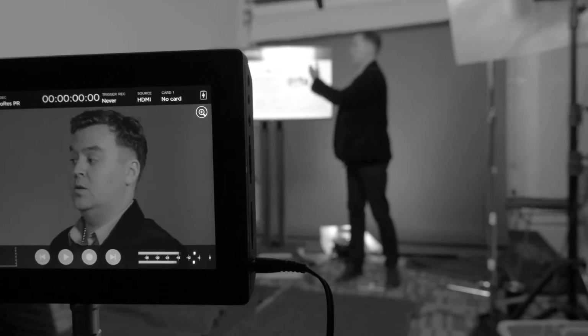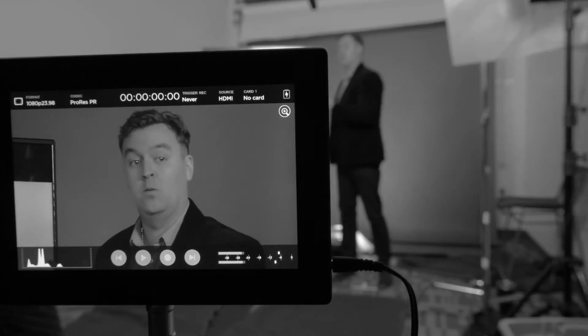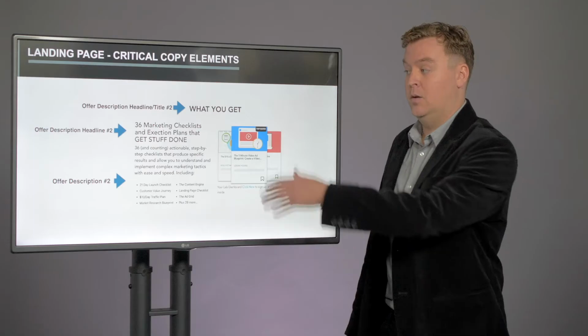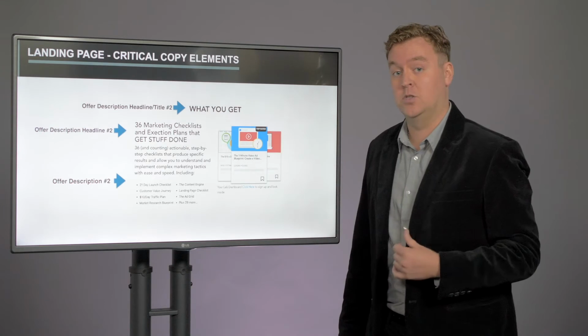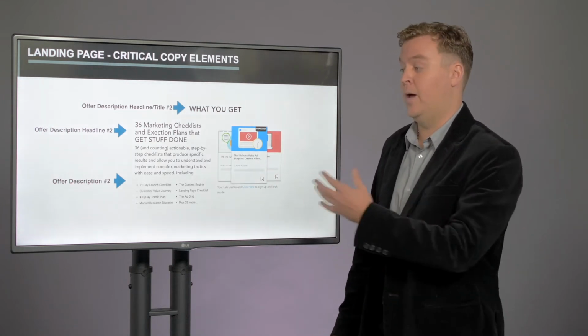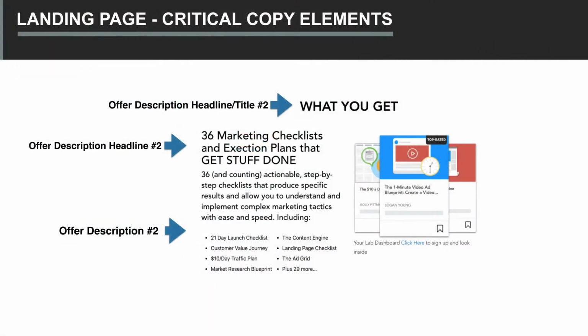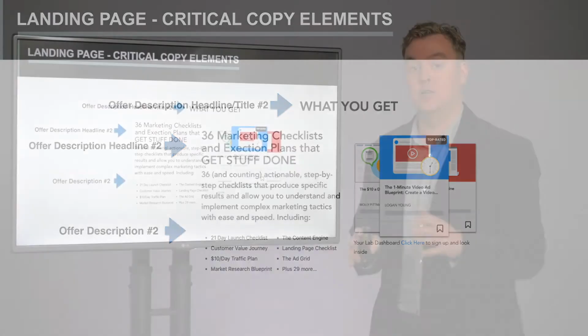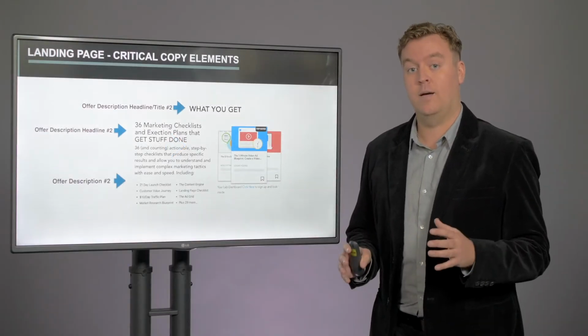So in this case, we are letting people who click over from our ad know what they're getting when they sign up for Digital Marketer Lab, which then leads us into this second description headline where we're talking about our execution plans and what they are. And then the offer description goes on to explain that further. So it's basically providing more benefits of this particular product so that the person reading this page can fully grasp exactly what it is they are intending to buy or are looking at to buy.